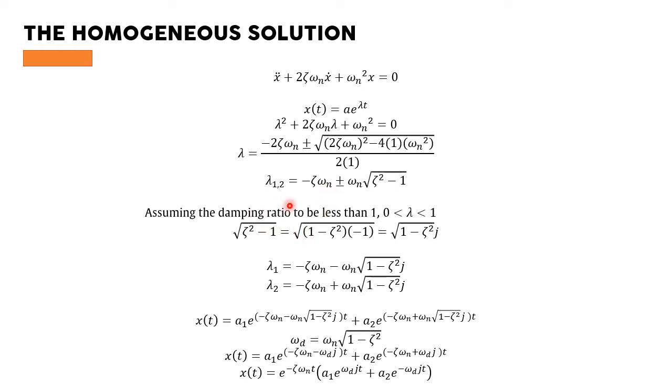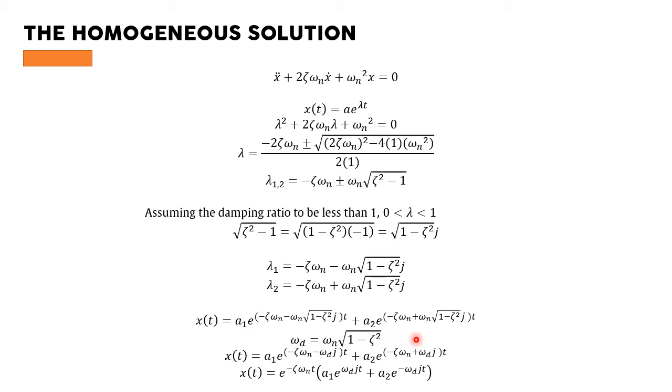Now we assume the damping ratio to be less than 1. We take −1 common, which gives −1 as j, the imaginary unit, which makes it a complex function. We rewrite λ1 and λ2 in this form and substitute them back into the initial equation with two lambdas.